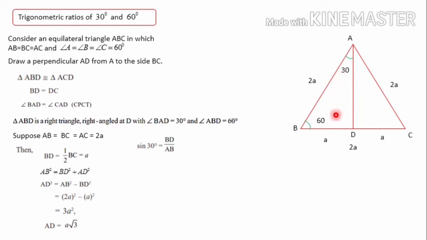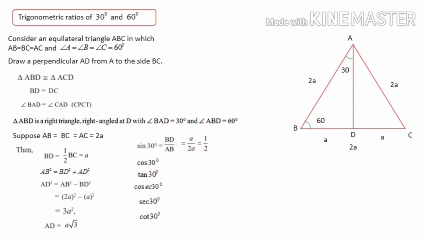The opposite side is just opposite the angle 30 degrees, that is BD, divided by H, we know that is the longest side or the side opposite 90 degrees, that is AB. So BD divided by AB. BD we have the value A, AB we have the value 2A. So A cancelled, we have got the answer as 1 by 2.